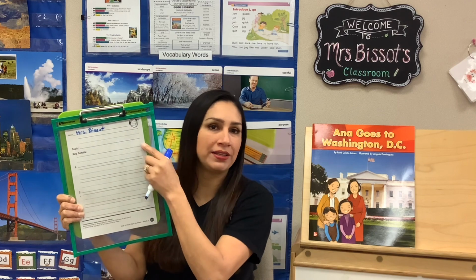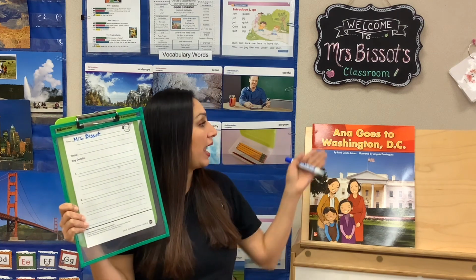Now, I don't think that's going to fit, but if you said it out loud, you would say, the story, Anna Goes to Washington, D.C., is about a girl named Anna who visits Washington, D.C. Or you could say, the story, Anna Goes to Washington, D.C., is about Anna and the trip she takes to Washington, D.C. And then we'll say key details.